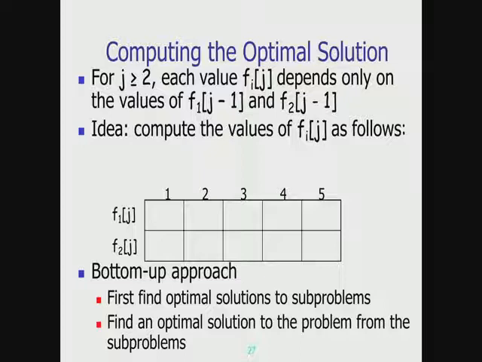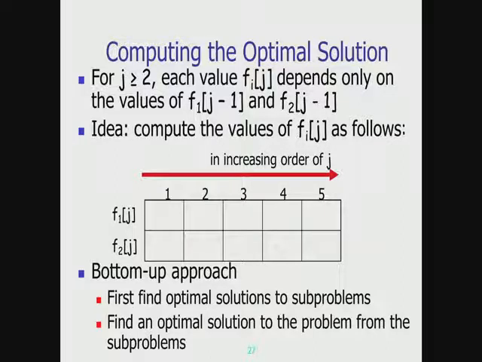In other words, the fastest way of crossing station j on either line depends only on the fastest way of crossing station j minus 1 on line 1 and the fastest way of crossing station j minus 1 on line 2, and we compute the values of Fij as described here in increasing order of j.